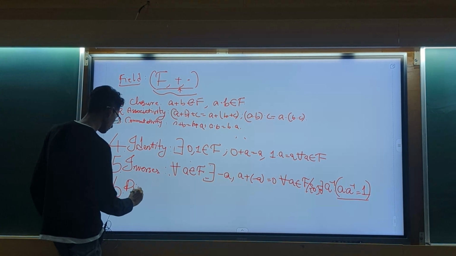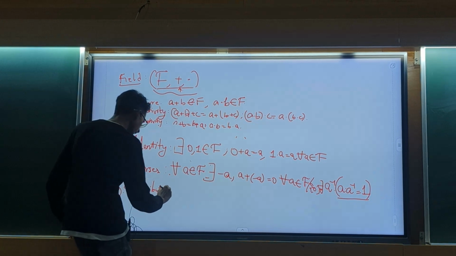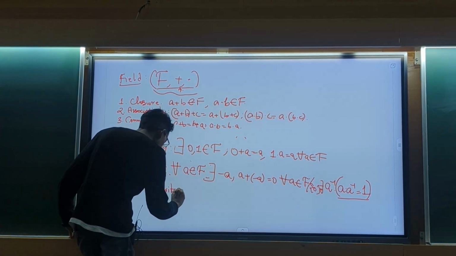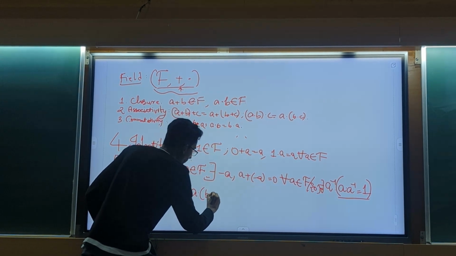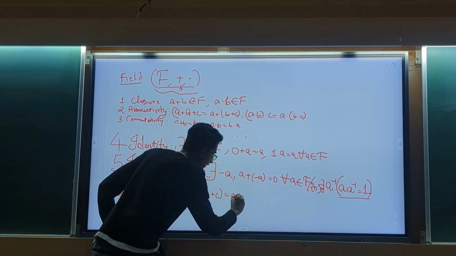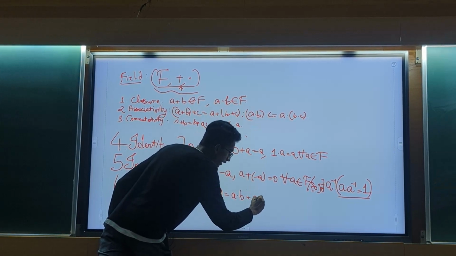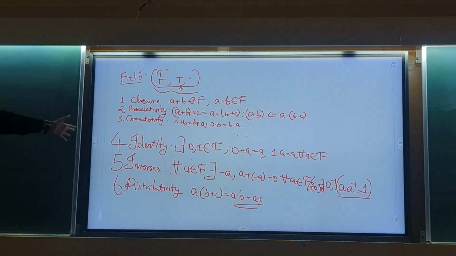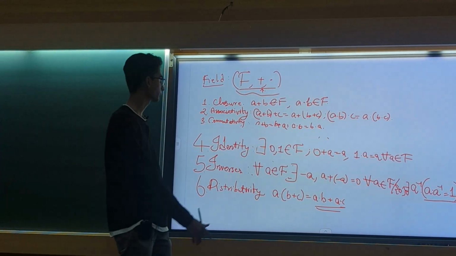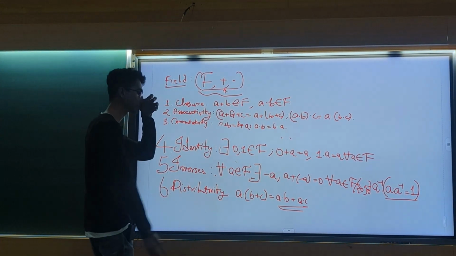So distributivity: A times B plus C is equal to A times B plus A times C. So all of these seem very natural properties, right? Like what you would expect of real numbers, complex numbers, and so on. Even rational numbers do satisfy this, just check it.